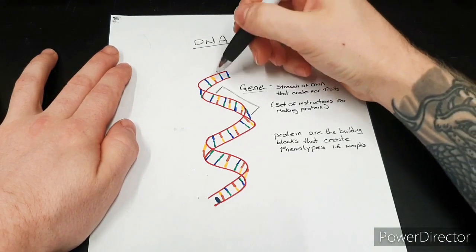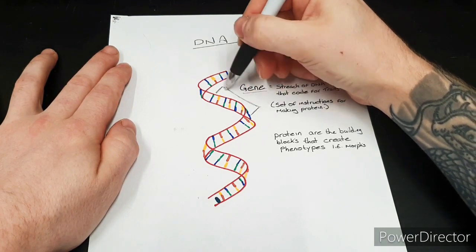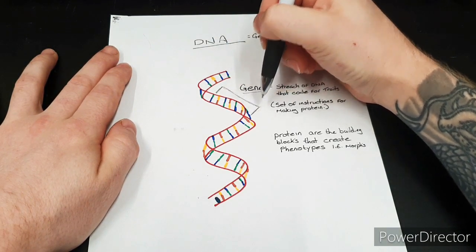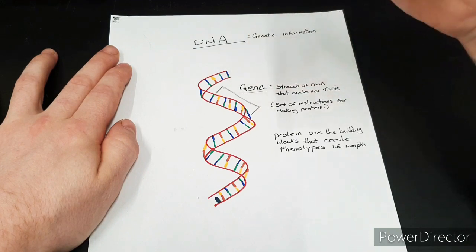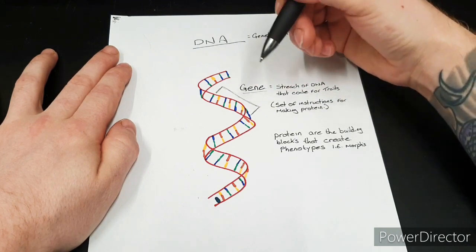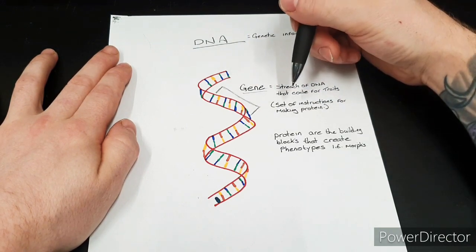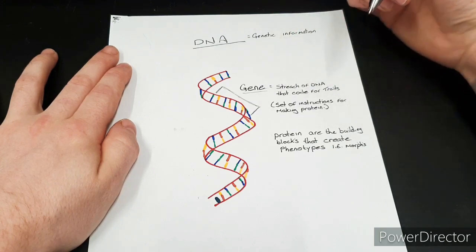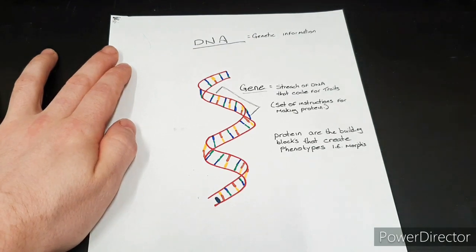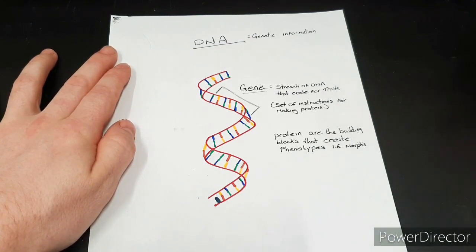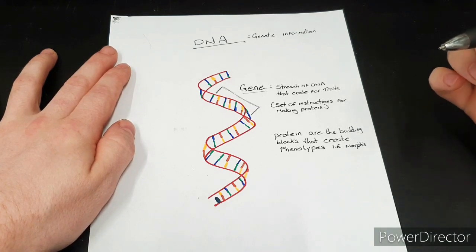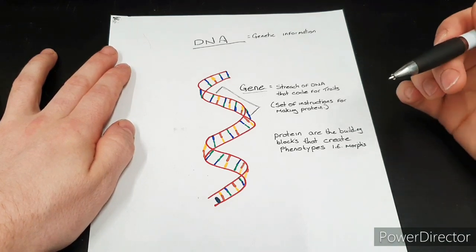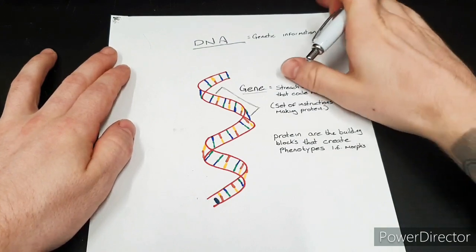So for example, this section here might code for eye colour or skin pattern or something like that. It's basically just a set of instructions to make proteins, and proteins are basically the building blocks that create phenotypes, and phenotypes are like your colour patterns, your mutations, your morphs.